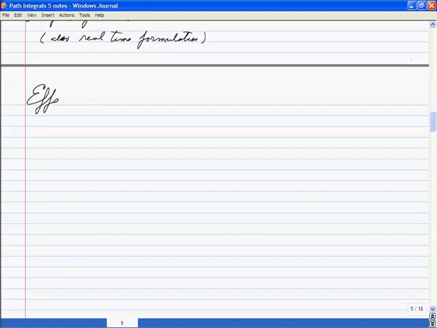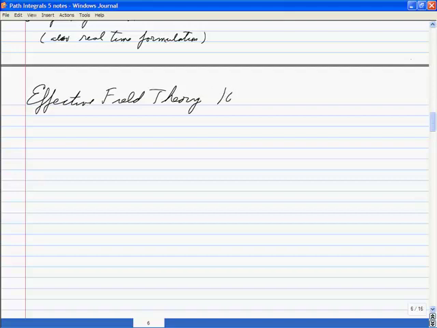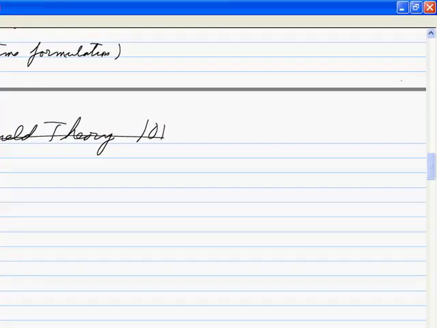effective field theory 101. Okay, 101 is just used to indicate that we get partway into the topic, but I don't do everything. But in particular, the piece I will do is the idea of integrating out fields.